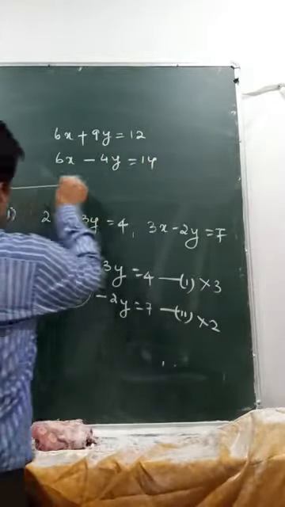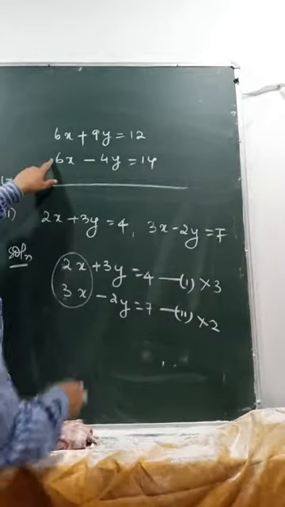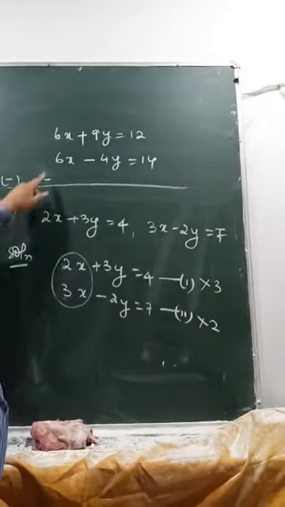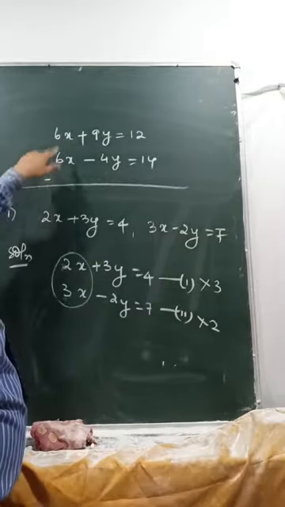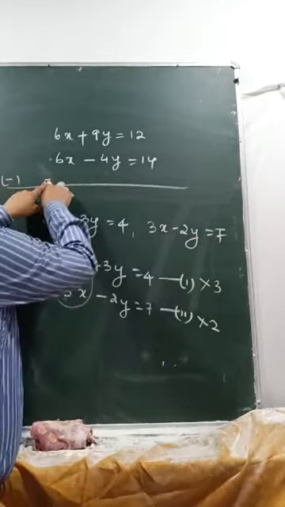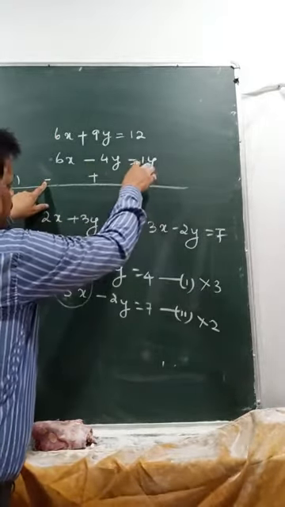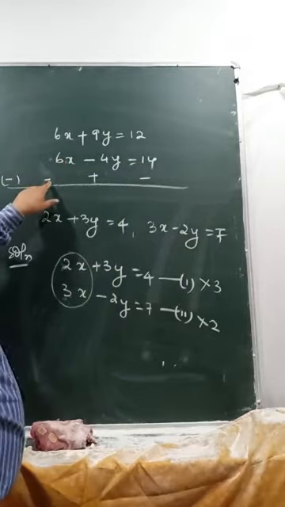Now after this, we will make the sign opposite. You have to subtract here. Whatever sign is here, you have to make it opposite: plus will be minus, minus will be plus, plus will be minus.